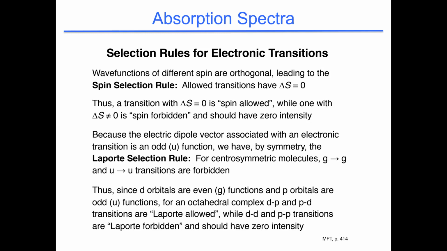Since the d orbitals are even functions and the p orbitals are odd functions for an octahedral complex, d to p and p to d transitions are Laporte allowed, while d to d transitions and p to p transitions are Laporte forbidden and should have 0 intensity. That applies specifically to octahedral complexes, but if you have a different geometry, some of these transitions can become available.